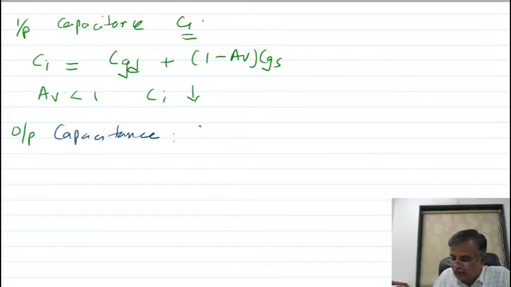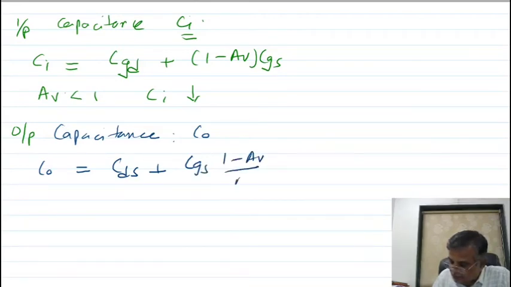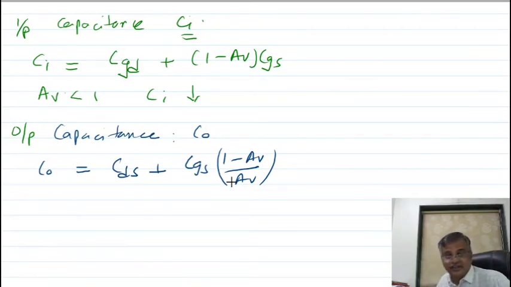The equation of the output capacitance Co is CDS plus CGS into 1 minus Av upon Av. The input capacitance is given by the earlier equation, and the output capacitance is given by CDS plus CGS into 1 minus Av upon Av.